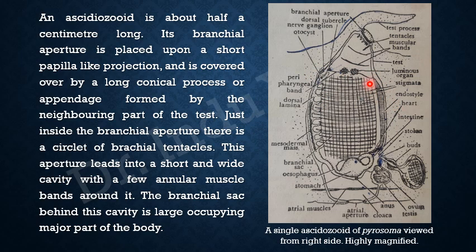On the ventral side of the branchial cavity is present the endostyle, and the branchial cavity as a whole has big stigmata like this. The horizontal openings are the stigmata, and they are crossed by the longitudinal bars which are present inside the pharynx. So these are the longitudinal bars, and these are the stigmata, all of them long stigmata.